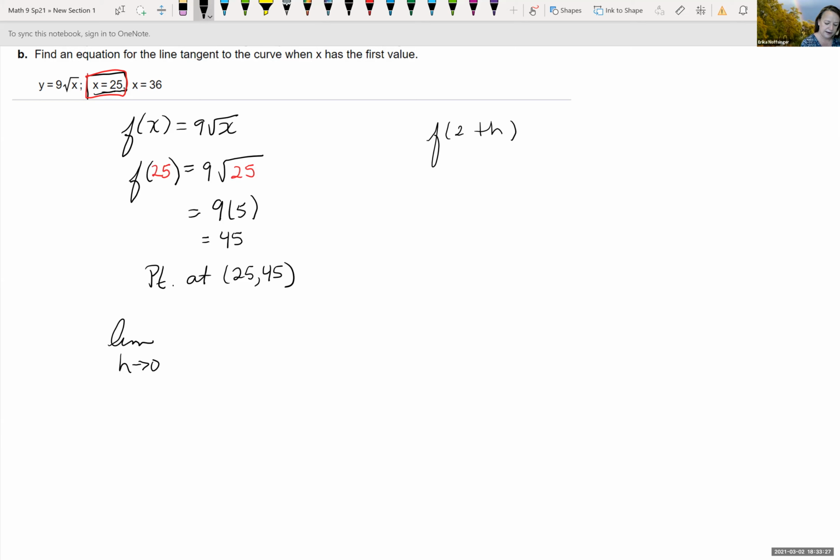So let's just do that right now. So 9 times the square root of 25 plus h, minus f of 25, but we just found what that was, right? We just found that that was 45, so minus 45 all over h.